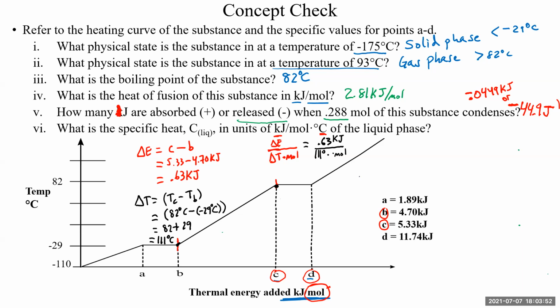So in other words, we spread 0.63 kilojoules over a span of 111 degrees.